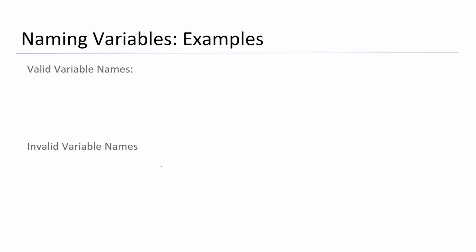So let's look at an example of naming variables in Python. Here are examples of valid variable names. If you look at the first variable here, this is a valid variable name. It's not a keyword, so it checks with the first rule. It starts with a letter, it doesn't start with a number, so that's fine.